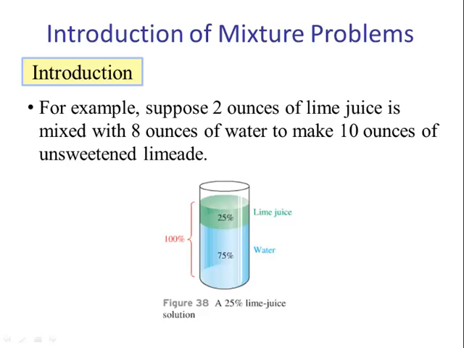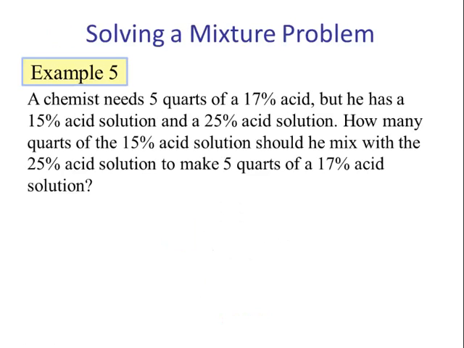Let's do an example. Example 5. A chemist needs 5 quarts of a 17% acid, but he has a 15% acid solution and a 25% acid solution. How many quarts of the 15% acid solution should he mix with the 25% acid solution to make 5 quarts of a 17% acid solution?